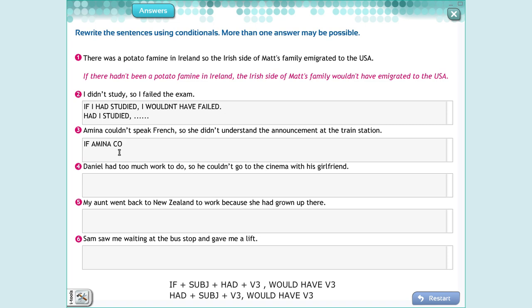If Amina had spoken French, she would have understood the announcement. Great. If you want to omit if, you can say had Amina spoken French, she would have understood the announcement.